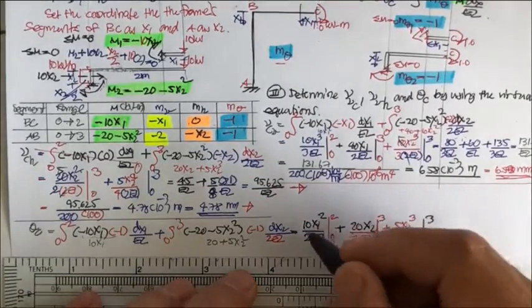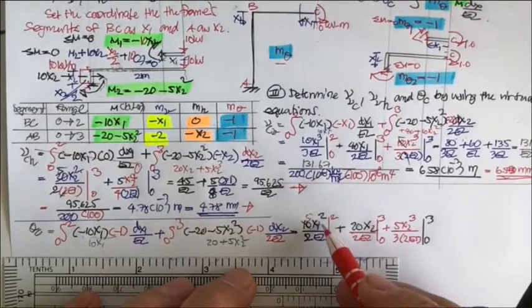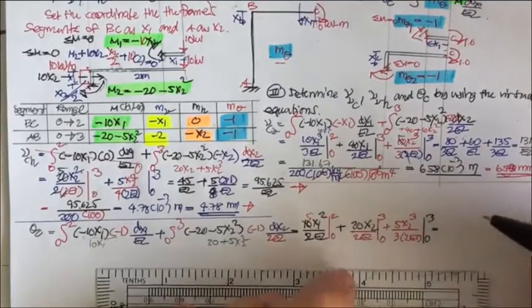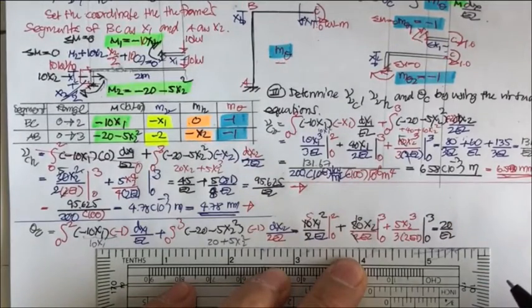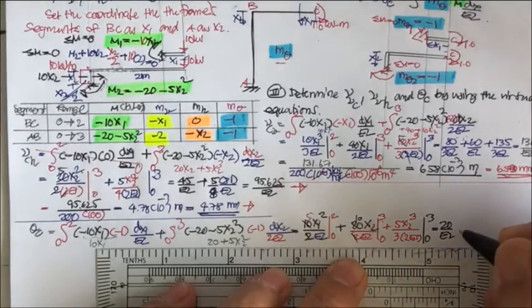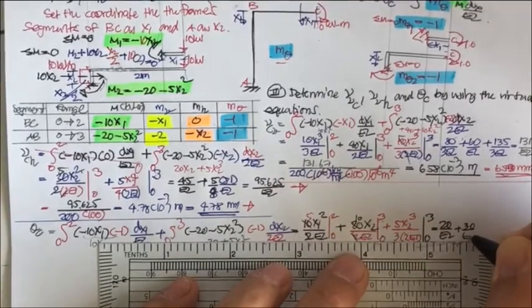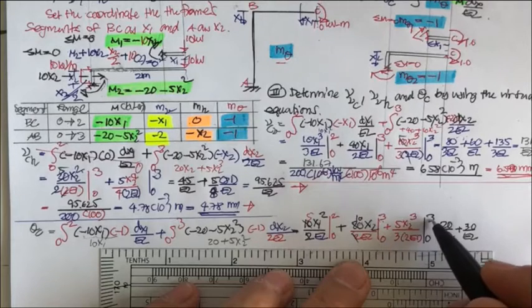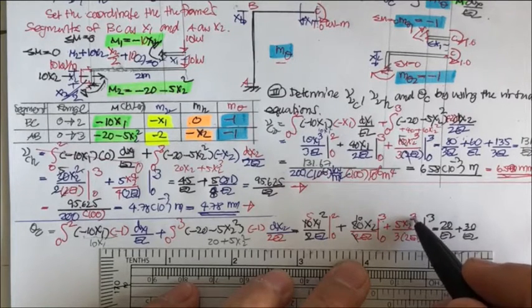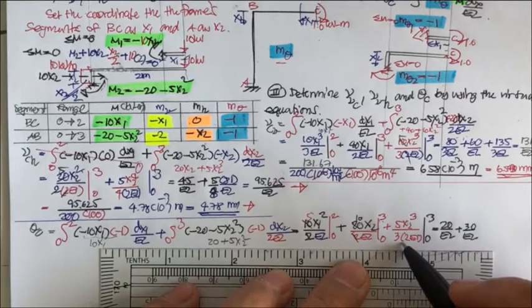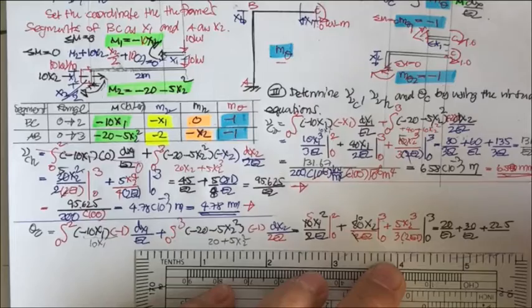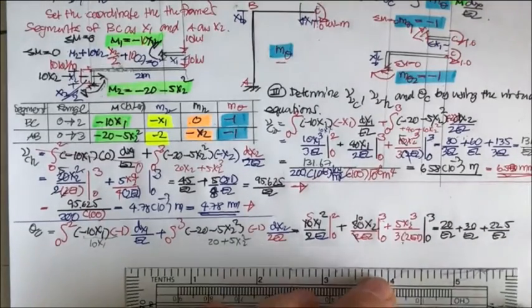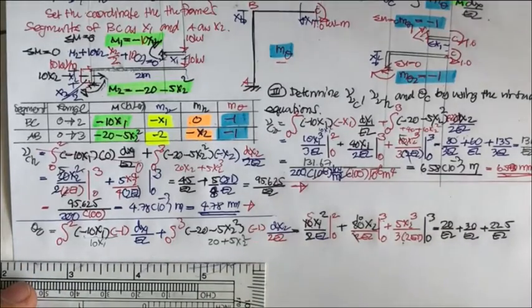Okay, and then what we have is this is cut. This is going to be 5 times 4, equal to 20 over EI, and this is cut, this is 10, and you're going to have 3 times 10 plus 30 over EI, and the last one 5 times 3 power 3, 5 times 27, okay, and then divided by 6, and then you may get this one divided by EI, and finally you may get this one for 72.5.